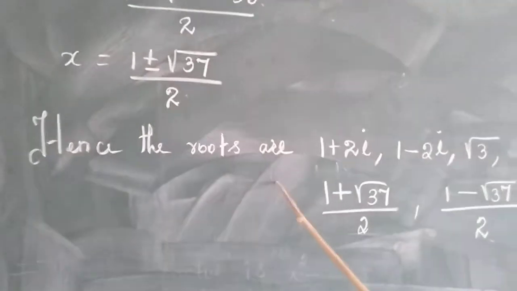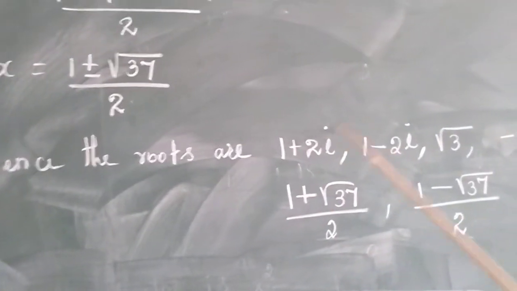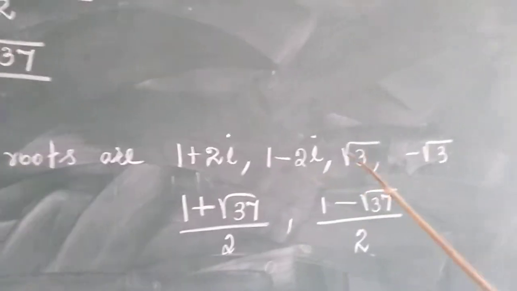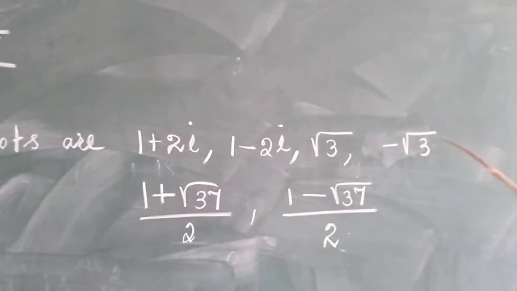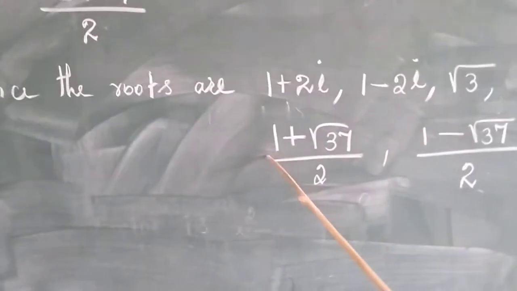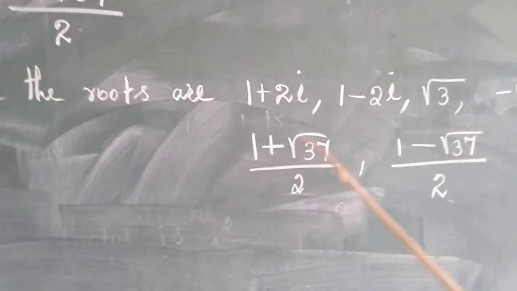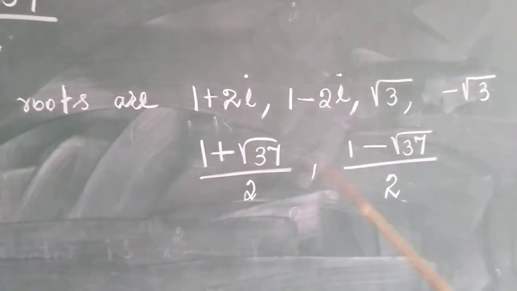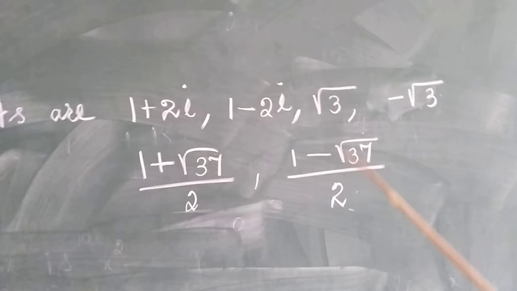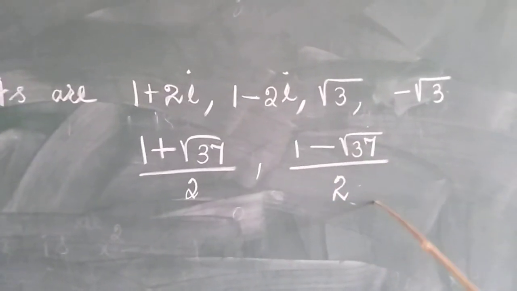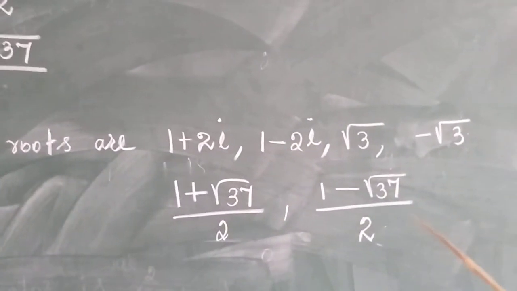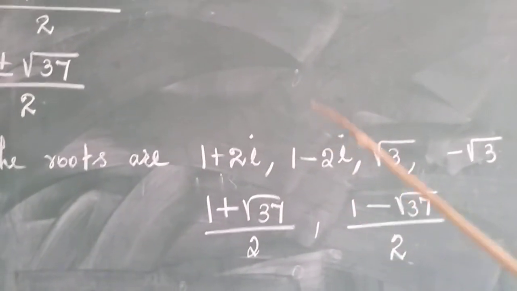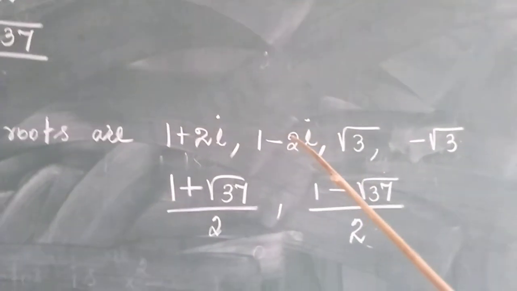Hence the roots are 1 plus 2i, 1 minus 2i, root 3, minus root 3, and 1 plus root 37 divided by 2, and another one is 1 minus root 37 divided by 2. Finally we found 6 roots for this equation which has degree 6.